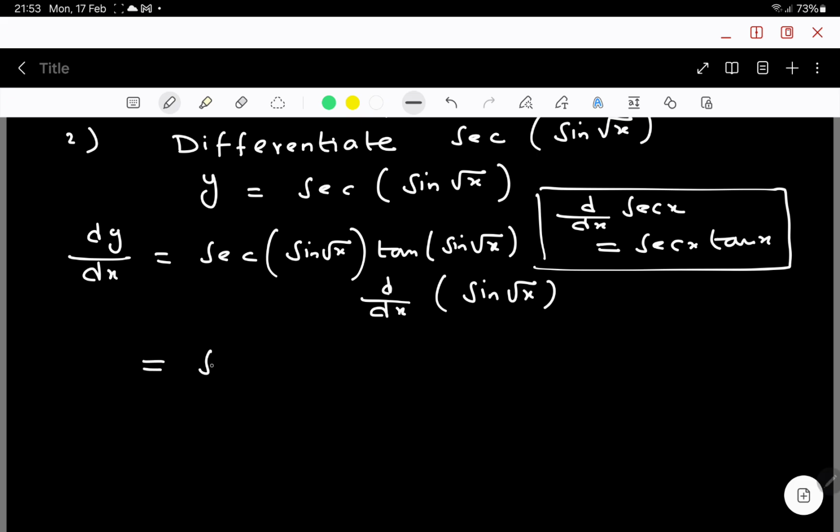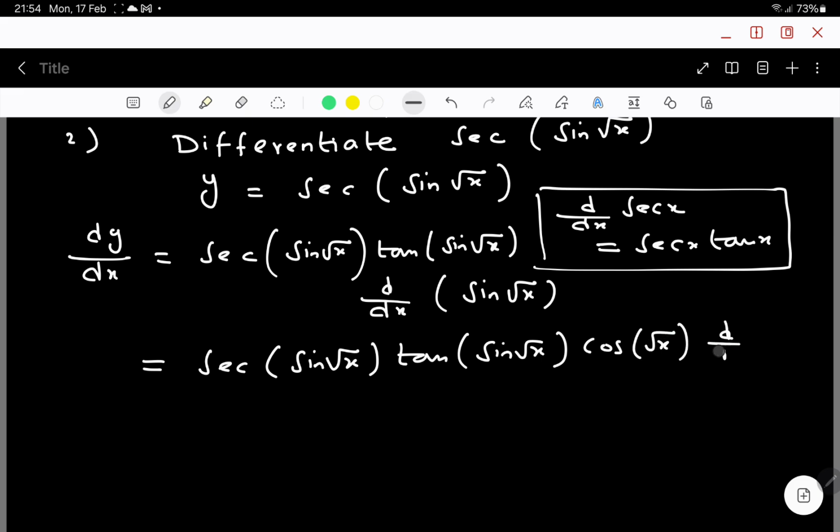So write secant of sine root x tan sine root x. Differentiating sine root x is cos root x into d by dx of root x. We know d by dx of root x is 1 by 2 root x.